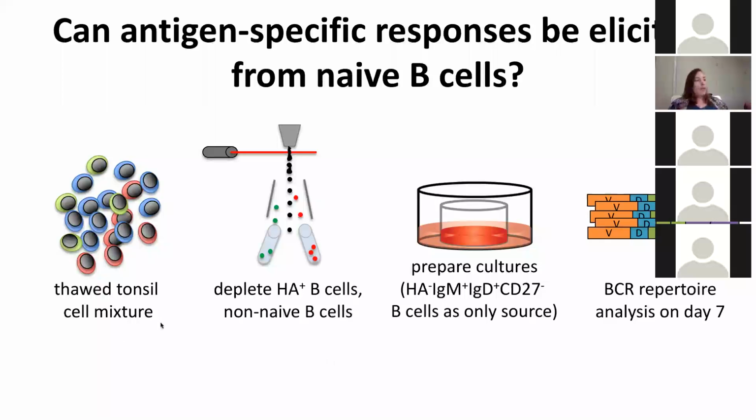To do that, we take our thawed tonsil cell mixture, deplete the pre-existing hemagglutinin-specific B cells, as well as any non-naive B cells based on their phenotype, prepare cultures from those, and then repertoire sequence on days 7 to 10.